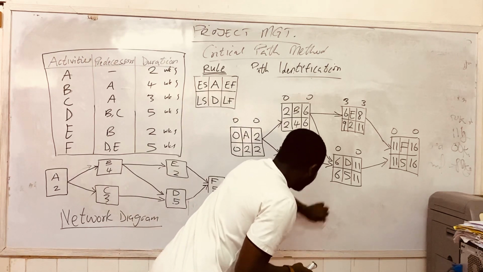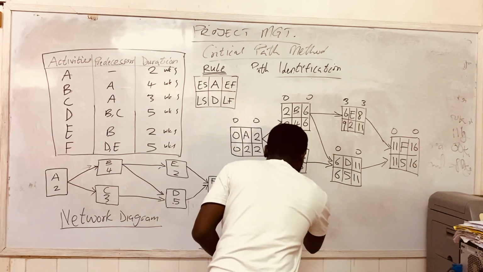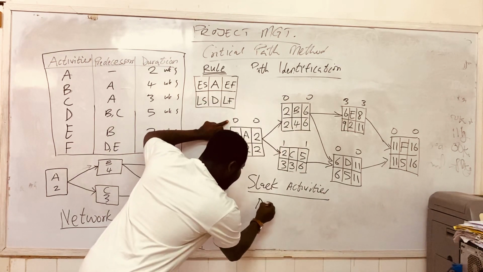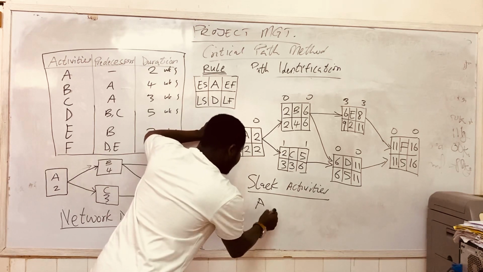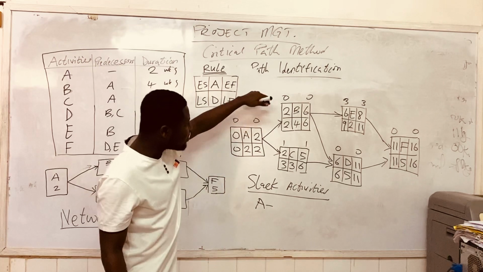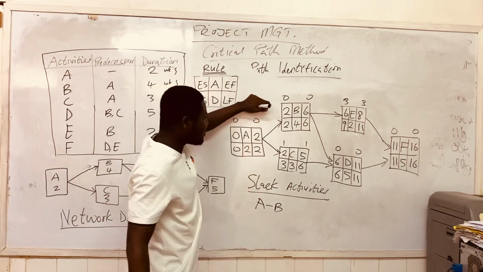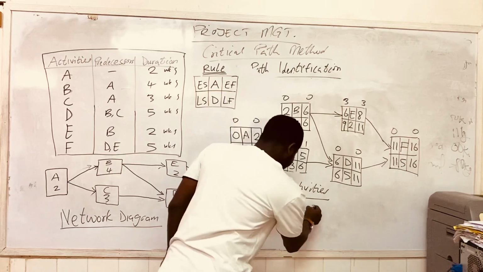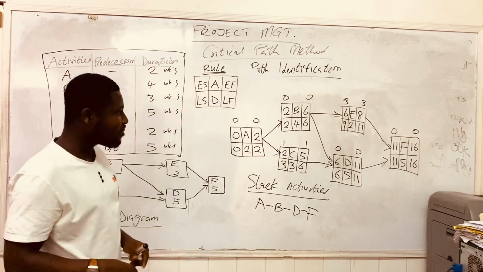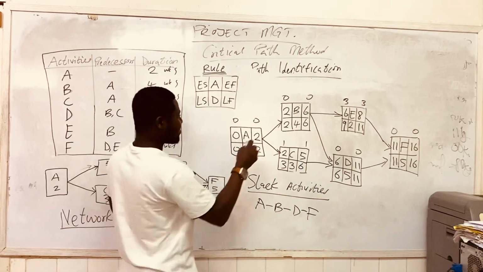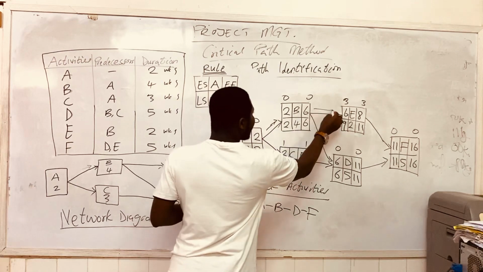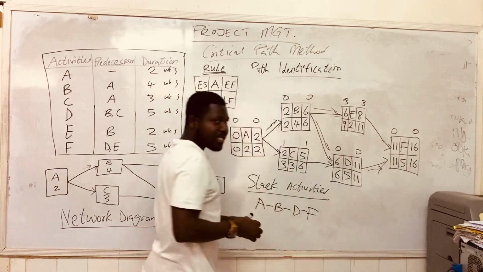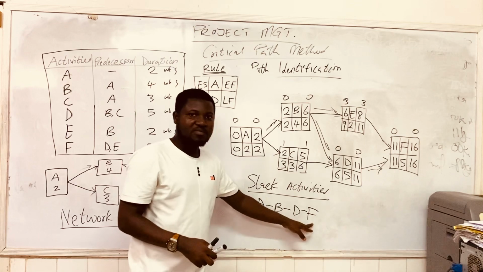So our zero-slack activities: we have A, we have B, we have D, and we have F. And so on this path, A, B, D, and F becomes our critical path. A, B, D, F becomes our critical path.